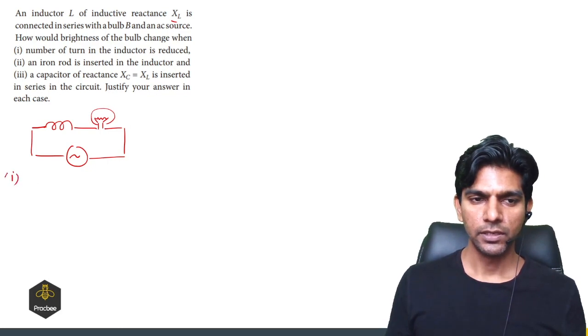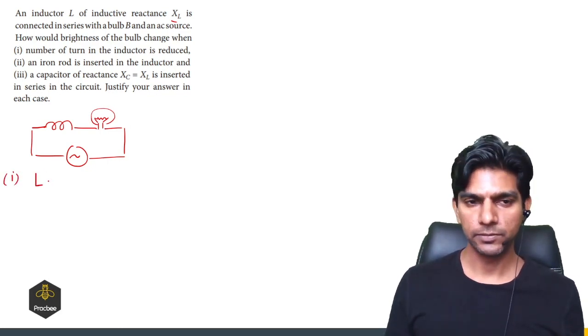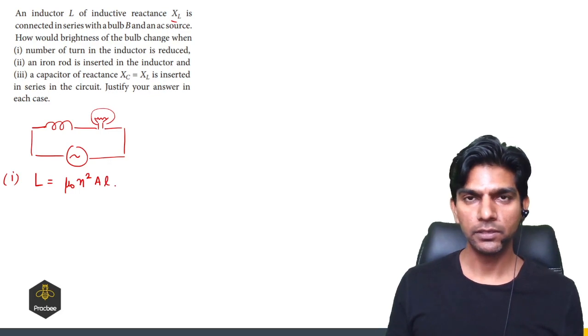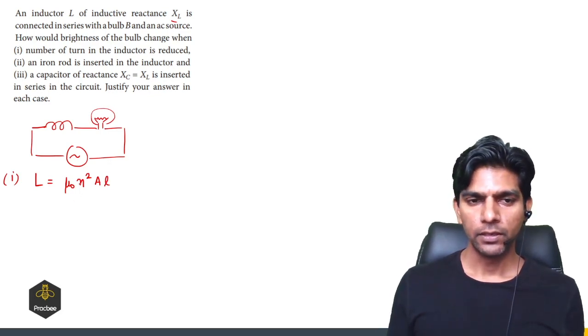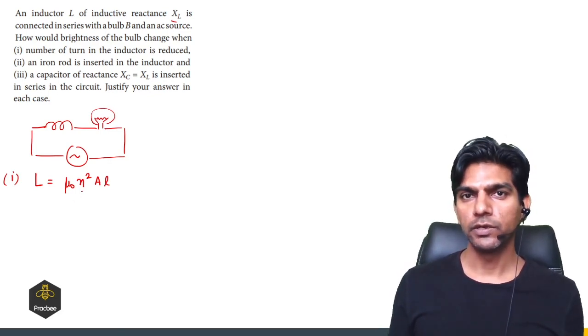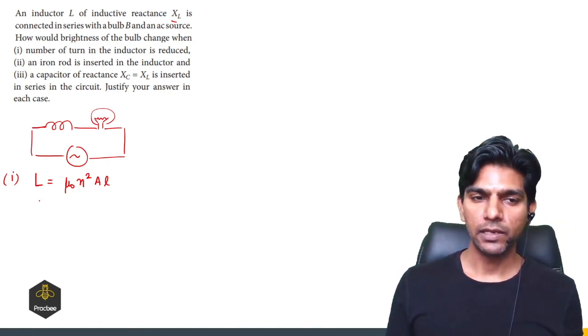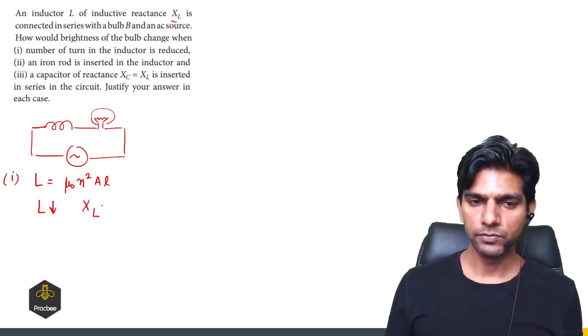So first case, when we reduce the number of turns, we know that self-inductance is mu naught n square times A. As we saw in the last video, it is directly proportional to the square of the number of turns. So as we reduce the number of turns, L will reduce. As L reduces, inductive reactance, which is nothing but omega L, will also reduce.